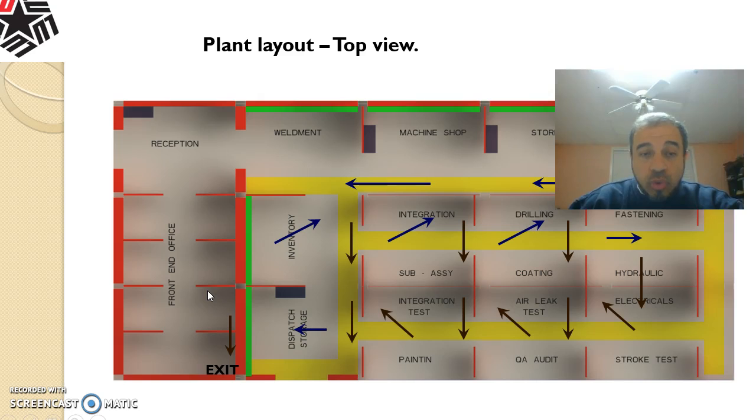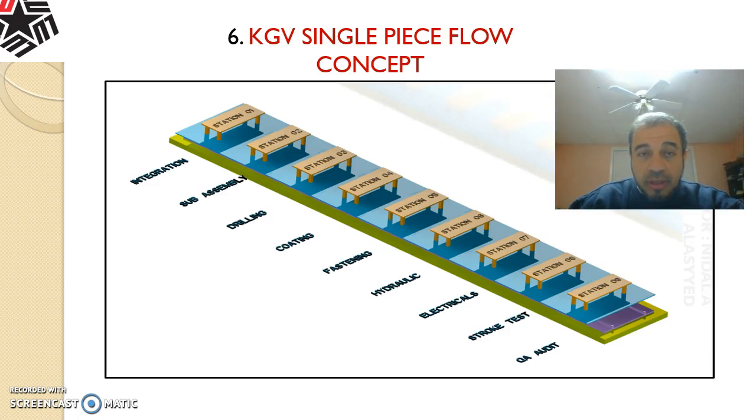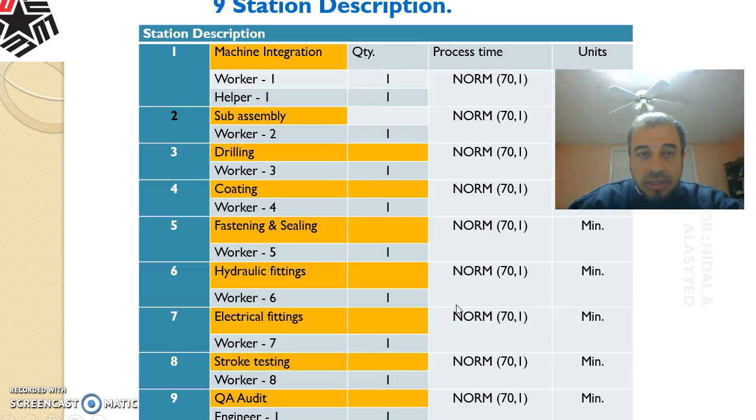What can we do with this to reach the objectives we talked about at the beginning of this presentation? So these are the stations that the single piece flow concept works with. It starts with integration, assembly, drilling, coating, fastening, and hydraulic operations, electrical, and strike test.